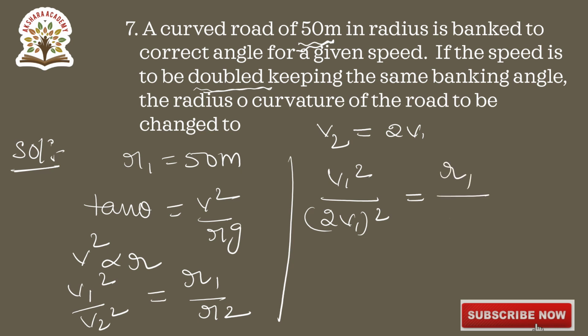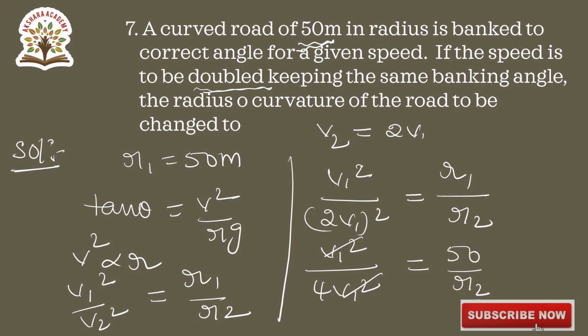First r1 by r2, we will write like v1 square, here again v1 square, 2v1 whole square can be written as 4v1 square, v1 square v1 square cancel, r1 they given as 50 and r2 you have to calculate.